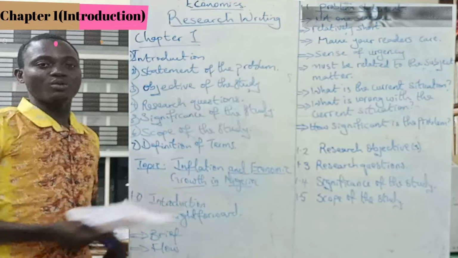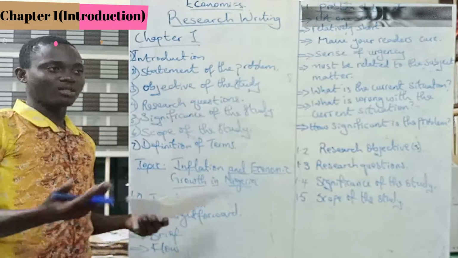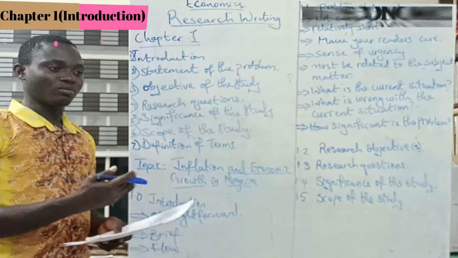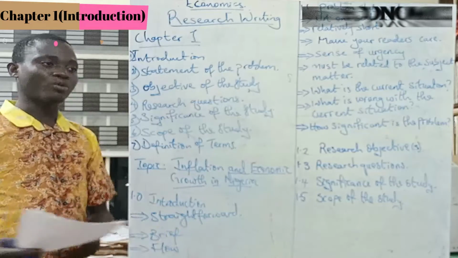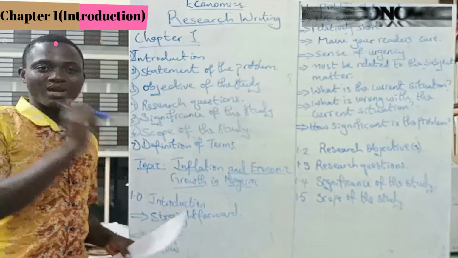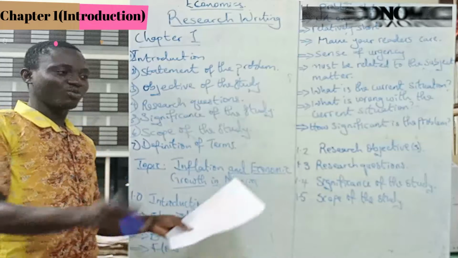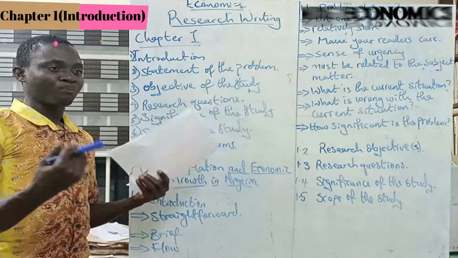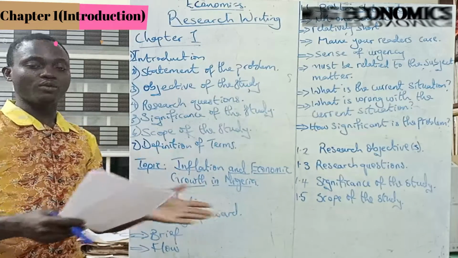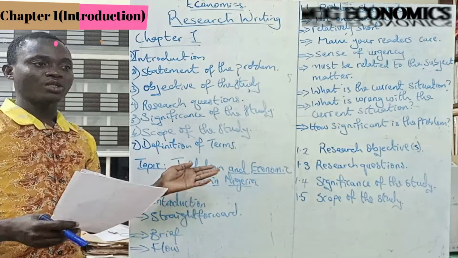Every other journal I was reading was taking me back to Hanrise 2000. Not that it was the only work being referenced by the remaining journals, but there was just something particular about Hanrise 2000. So you will see other citations, but you will definitely see Hanrise 2000 in one way or the other. I'm just trying to tell you that in all of those journals, they should be similar.